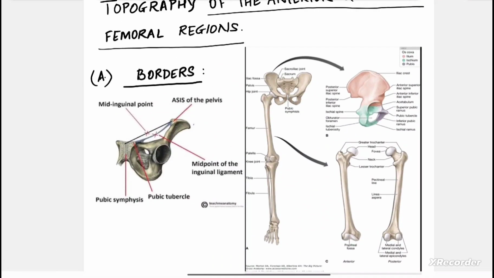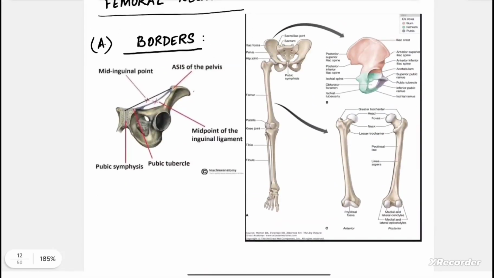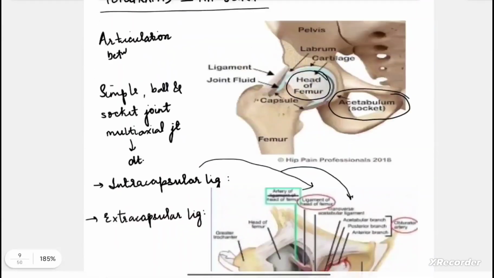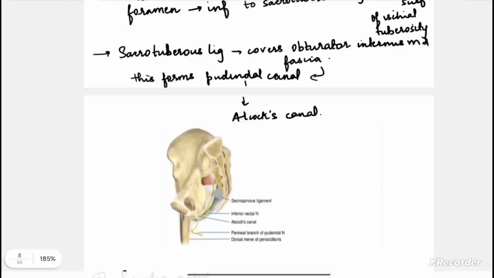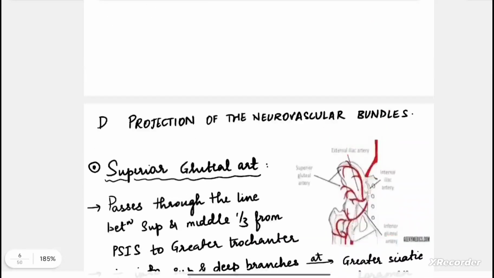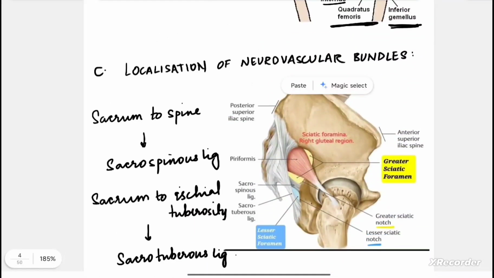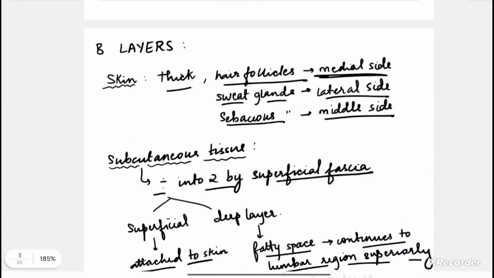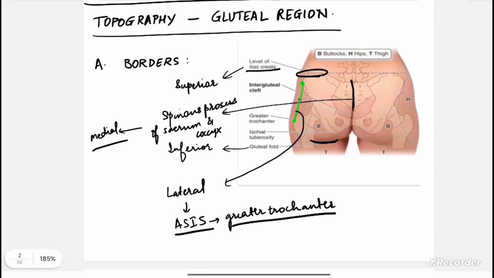Posteriorly, there is the gluteal fold, as I have shown in this diagram. Here is the gluteal fold posteriorly, and the fold between the perineal side fold and medial side of the thigh to the pubic symphysis.